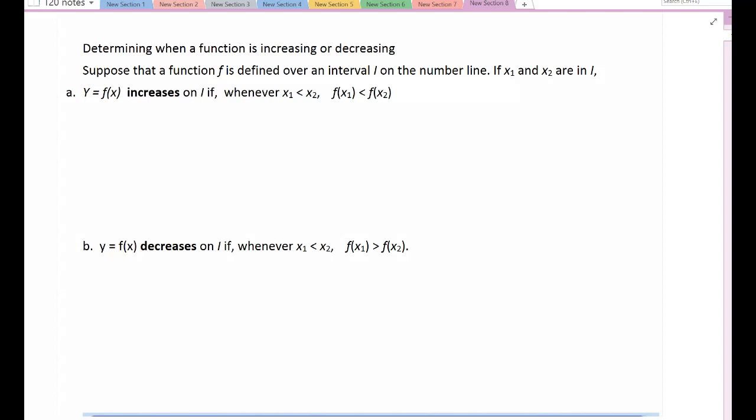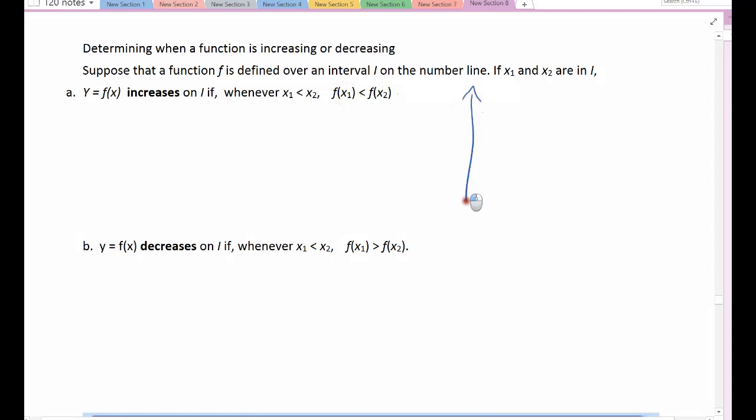If the function's increasing over that interval, that means for every x value, where I start at x1 and go to x2, so x2 is the bigger x value, my function values are also increasing. When I plug in x1, f of x1 is less than f of x2, so the bigger x value gives me the bigger y value.